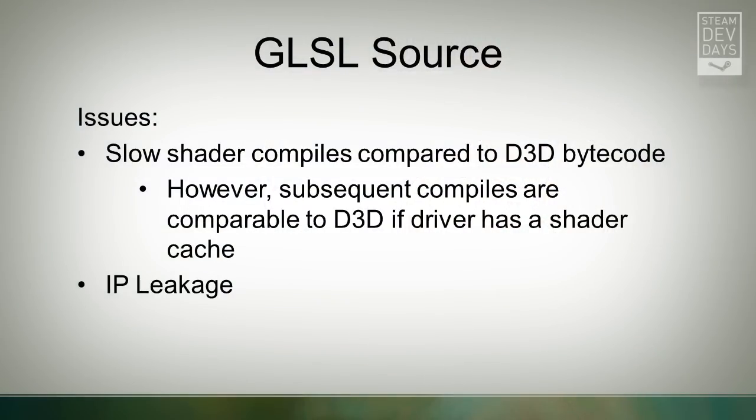So one issue we've run into with using source is that compile times are a lot slower than using D3D bytecode. This has been particularly an issue for us in Source 2, where our shaders are much longer because we are translating directly at the high level, whereas in Source 1, our shaders had already gone through FXC and been optimized down to assembly.